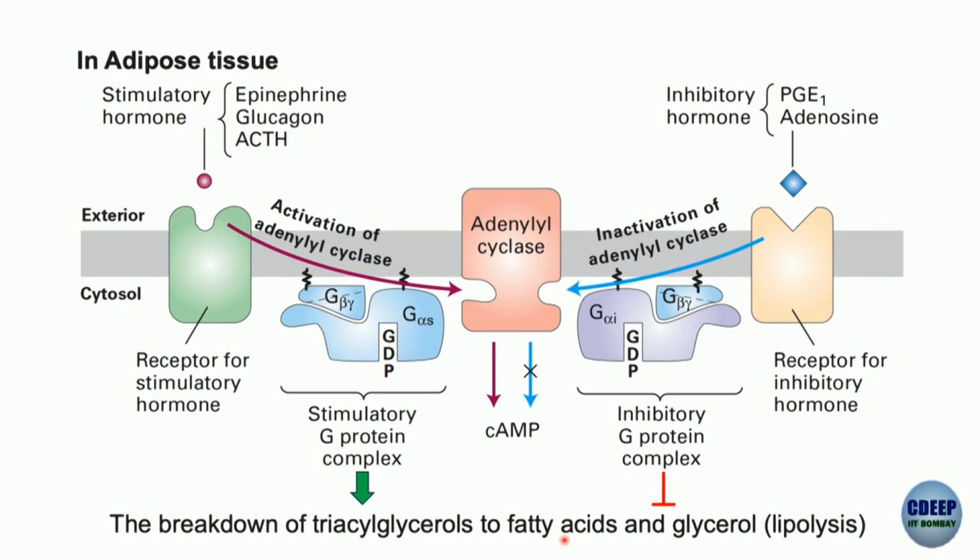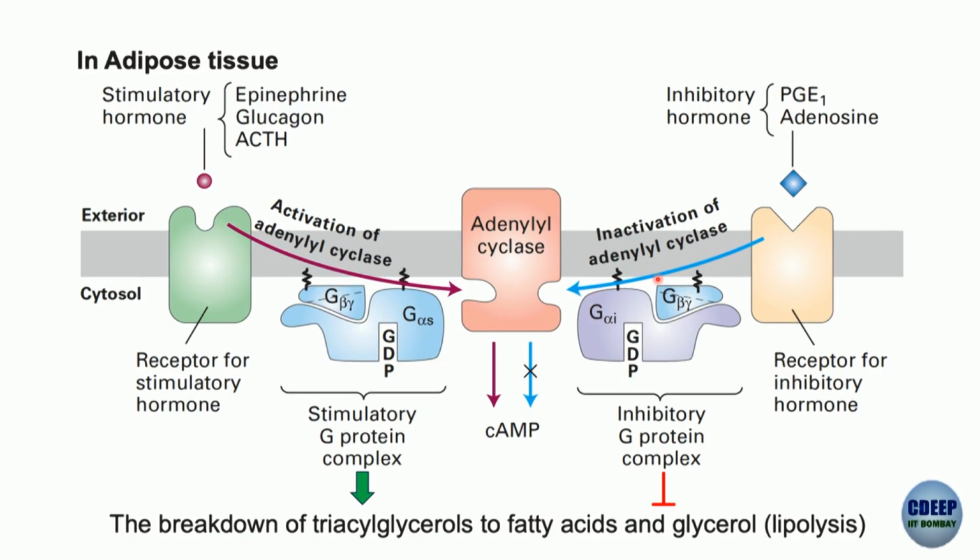At the same time, in the same adipose tissue, you have PGE, the prostaglandin receptors, or adenosine. These guys are inhibitory. What do they do? They associate with G alpha I coupled G proteins, which go and inhibit adenylyl cyclase.